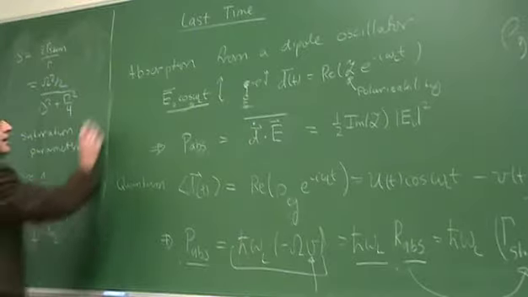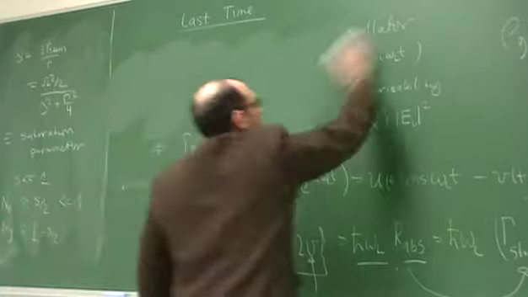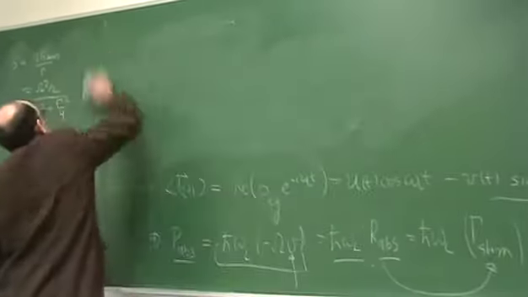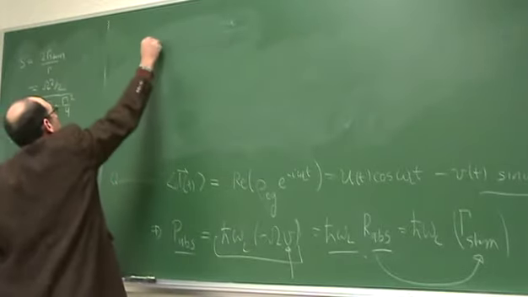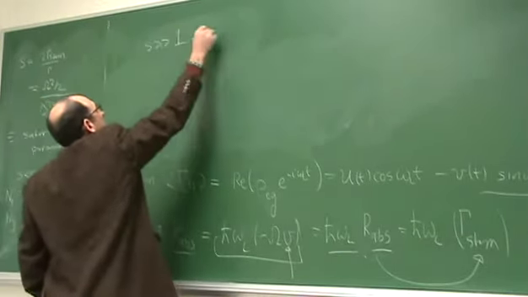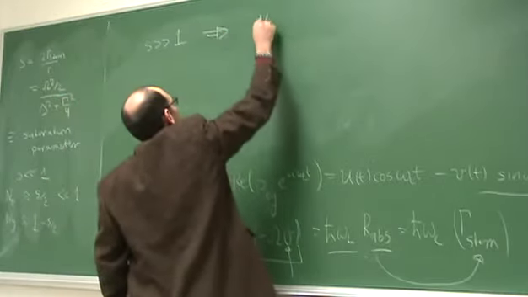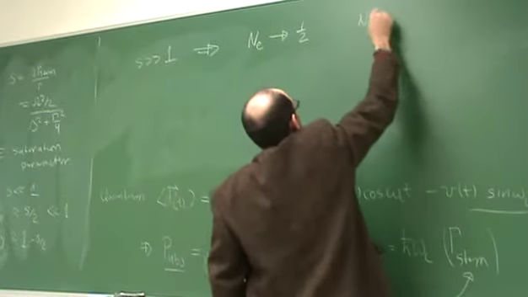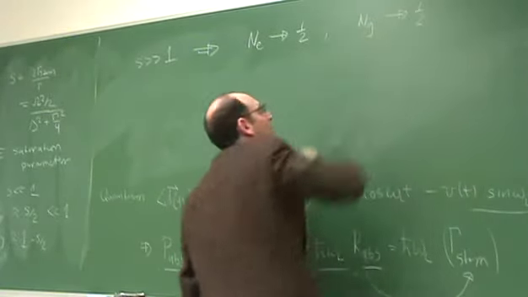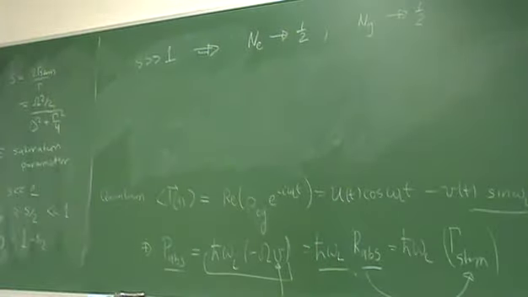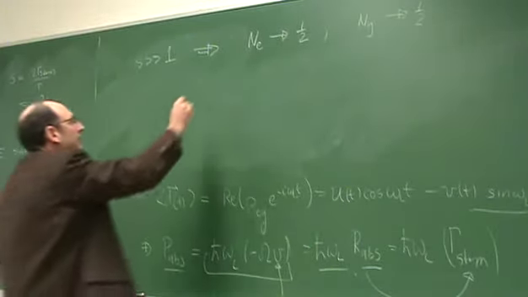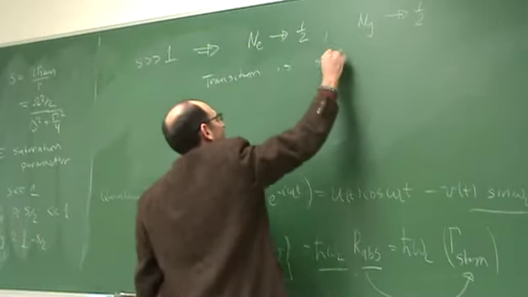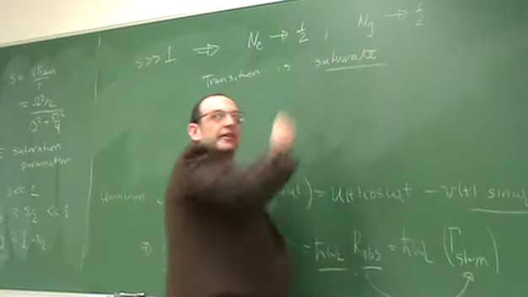On the other hand, when the saturation parameter becomes big compared to 1, then the population in the excited state goes to a half, and of course half of the population is taken out of the ground state. And in this case, we say that the transition is saturated, for obvious reasons.